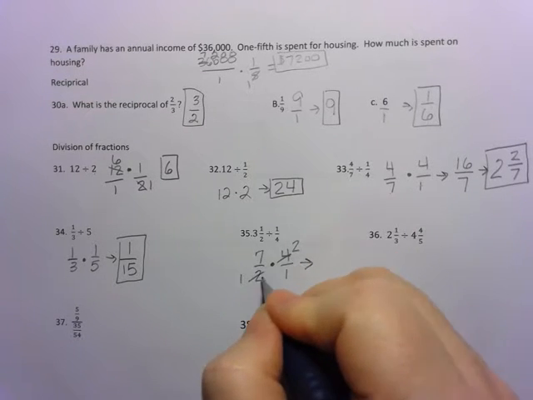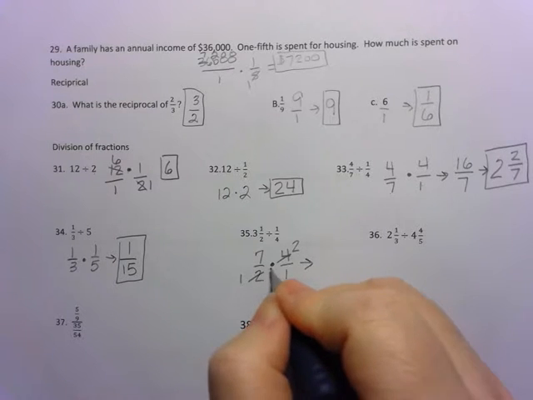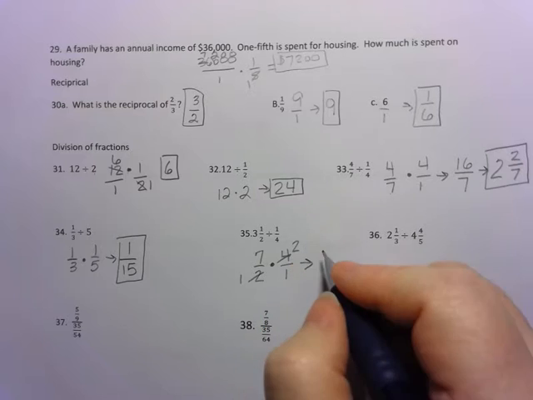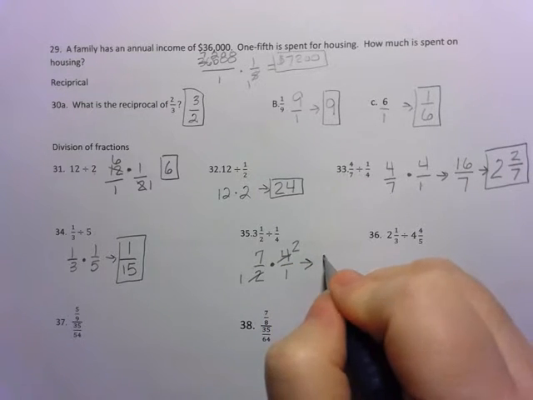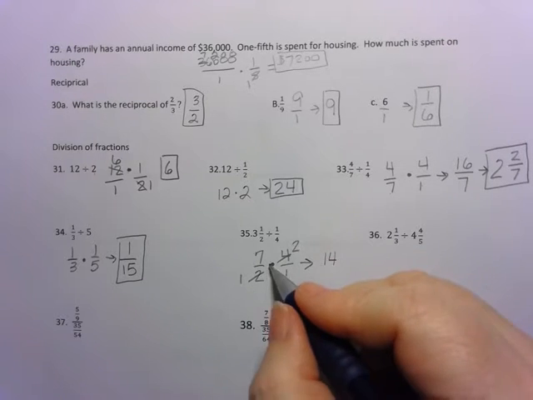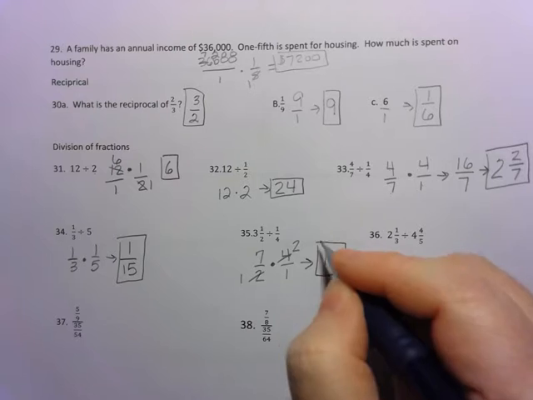You can reduce them here, or you can reduce them at the end. I prefer to reduce them here simply because I'm working with smaller numbers then. 7 times 2 is 14. 1 times 1 is 1. And again, I don't need to show 14 over 1.